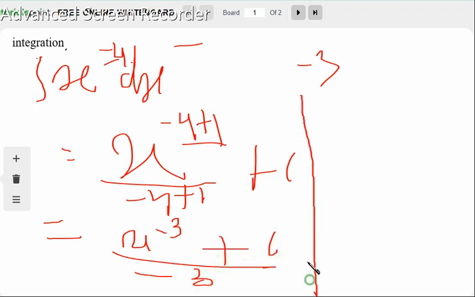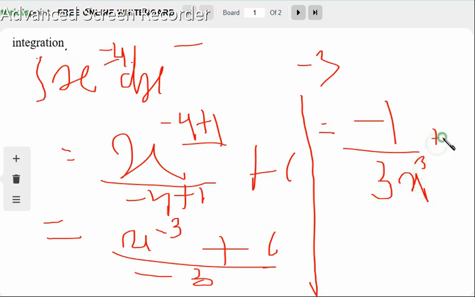Now if we just refine it, we'll get the answer as minus 1 divided by 3x cubed, plus c. So the point to always note is that whenever there is a negative exponent, we should not be confused by it.